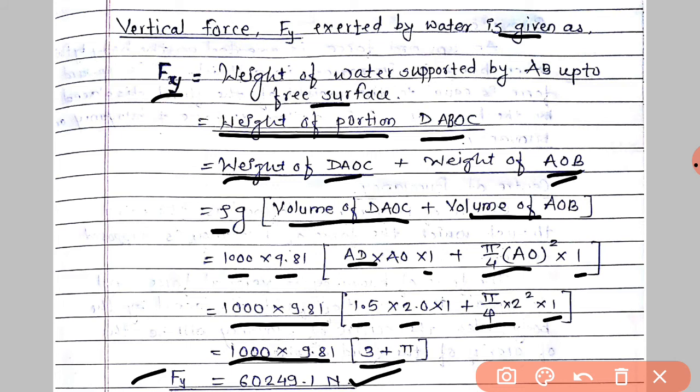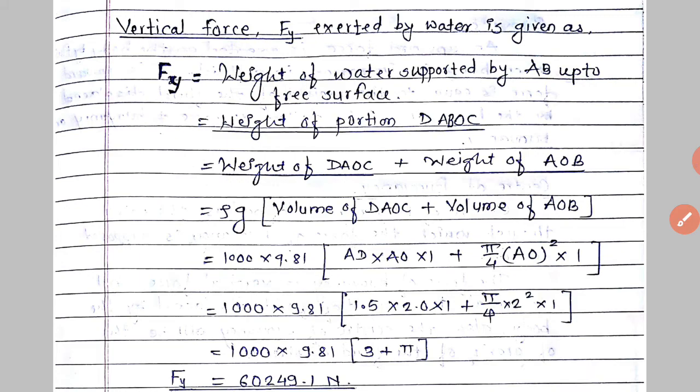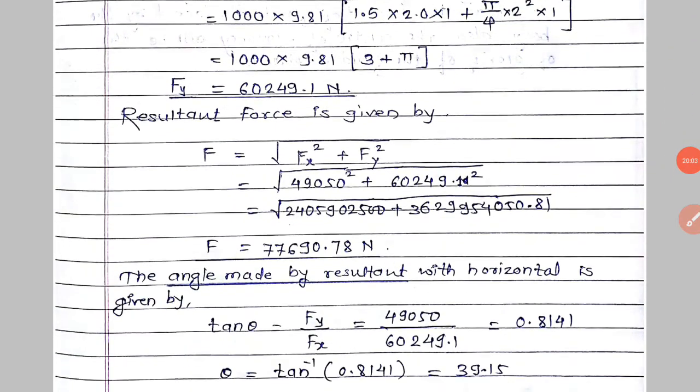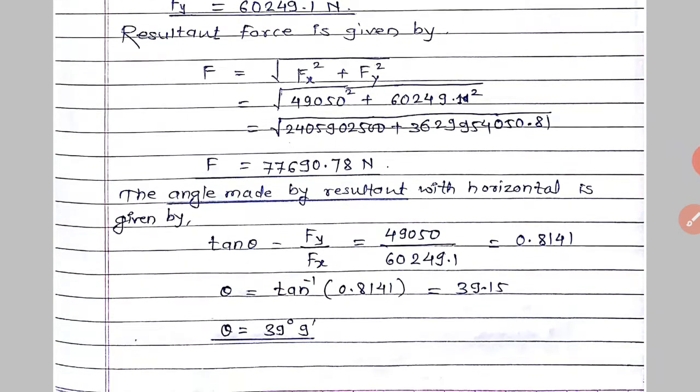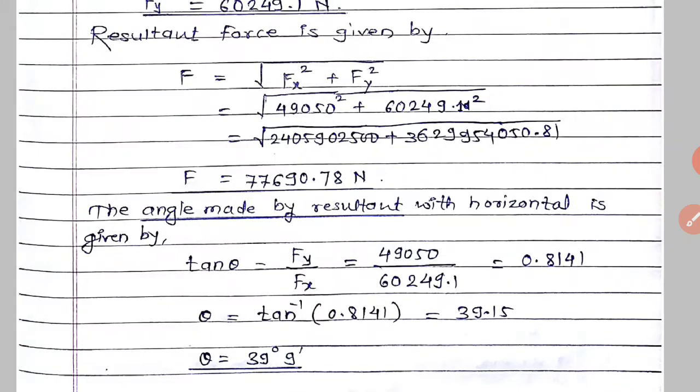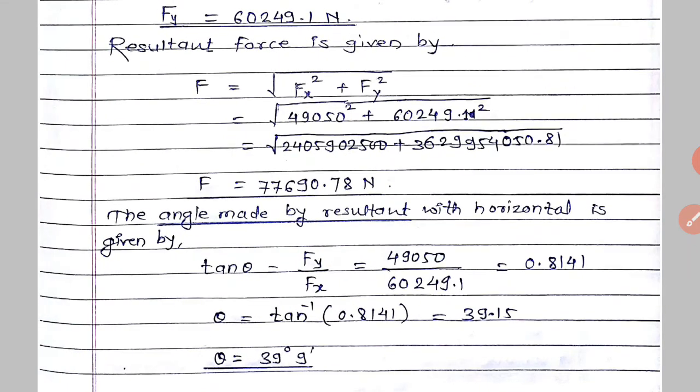So now we have to calculate the resultant force, or total pressure force, and the direction of the resultant total pressure force with the horizontal. The resultant force is given as capital F equal to square root of Fx square plus Fy square.